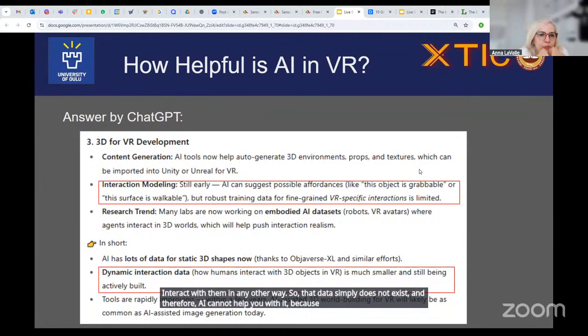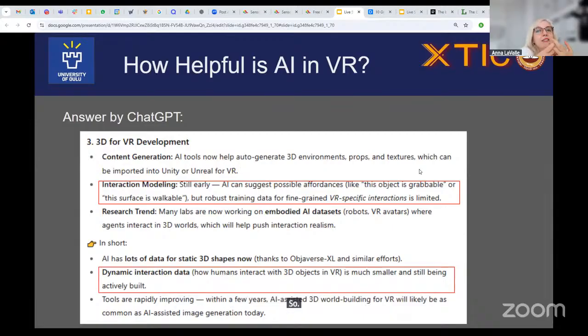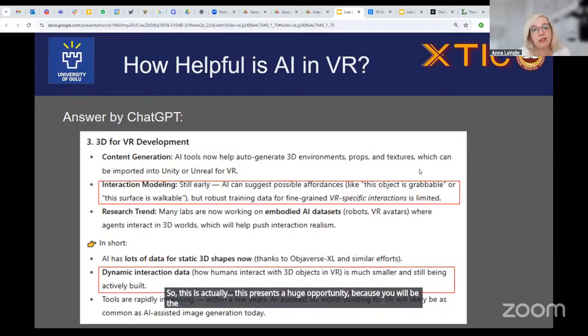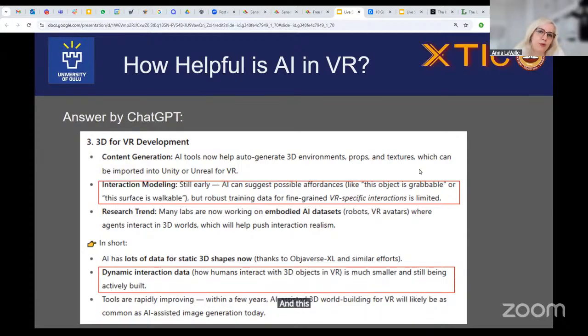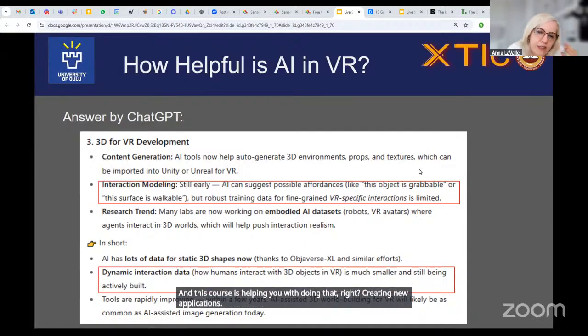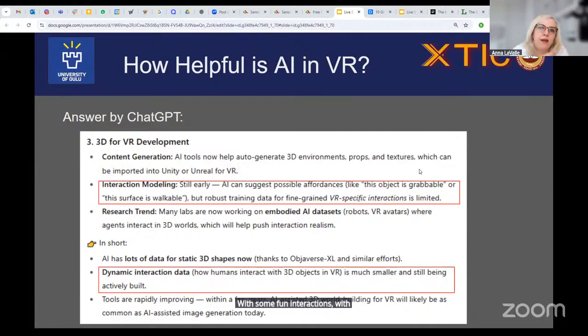There is no data. So this presents a huge opportunity, because you will be the ones building this. And this course is helping you do that, right? Creating new applications with some fun interactions, with something to do in your applications, and AI cannot help. So you'll be creating these interactive VR environments.